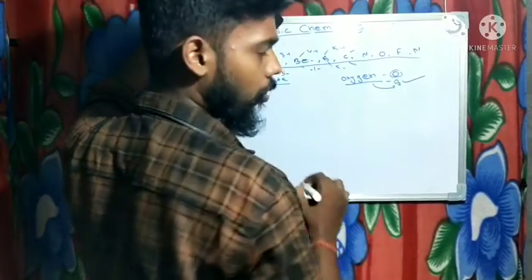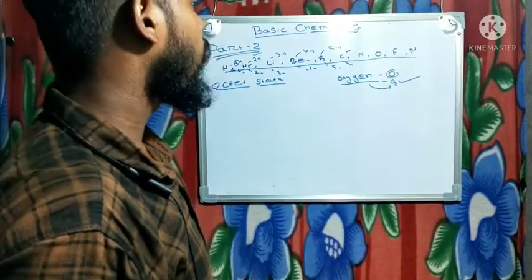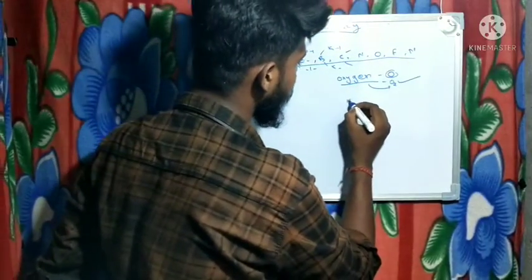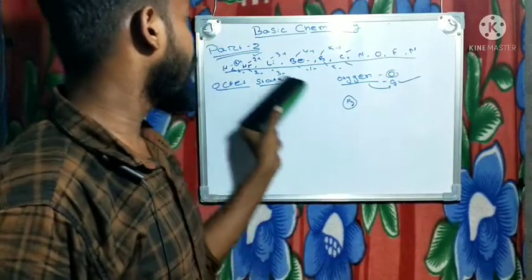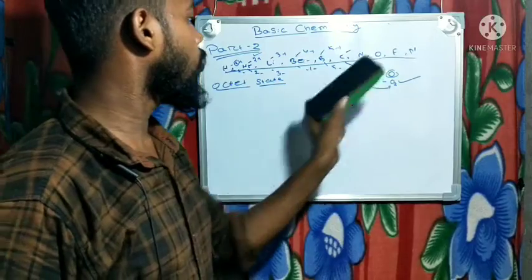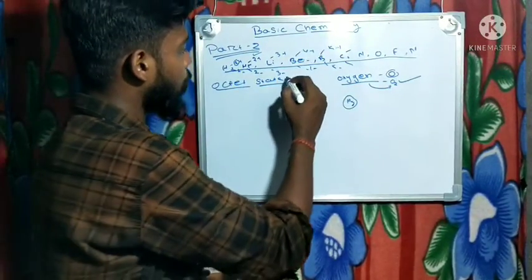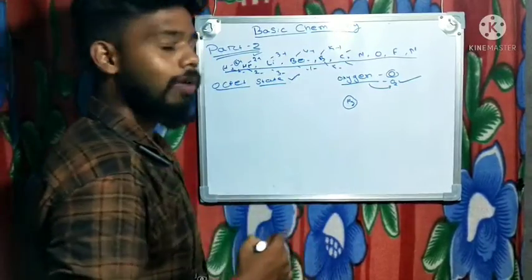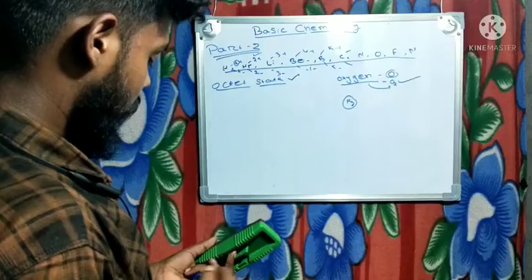We can't write just O because of some rule, and oxygen is always in O2 format, and hydrogen is also in H2 format. Why this O2, H2, and why do you write H2O2? That is for a special reason: to attain their octet state.